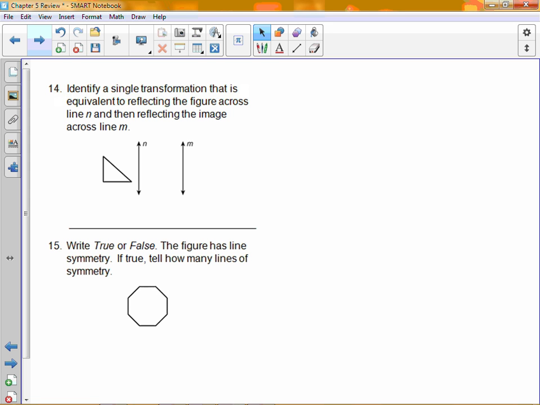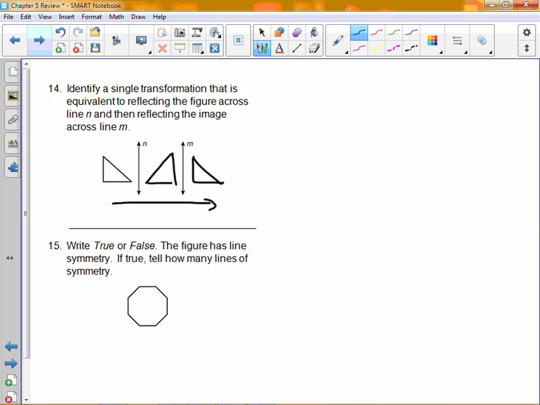All right, identify a single transformation that is equivalent to reflecting the figure across line N and then reflecting the image across line M. So if you're going to reflect it twice, what it's trying to get you to see is that reflecting it twice is the same thing as a translation.